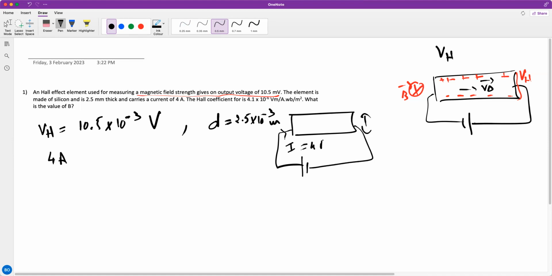So I is equal to 4 amps. We are also given the Hall coefficient. What is the value of B?